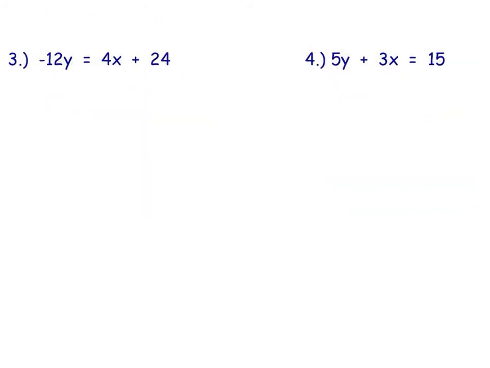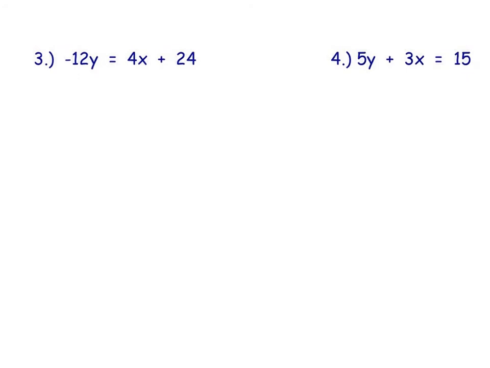Let's try example 3. In example 3, we have the y located in the correct spot. But it's not just y equals, it's negative 12y equals. So let's think, how can we get y by itself? Well, we can divide by negative 12 on both sides of the equation.